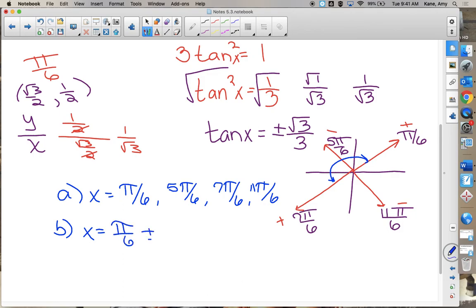If I add or subtract pi n, then I can get to 7 pi over 6. So that's the positive angle pair. And then the negative angle pair starts with 5 pi over 6. And then again, just add pi n. So looking at the little picture over here, we can see that those angles are pi away from each other.